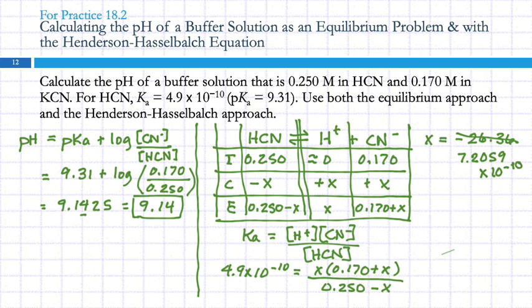So to find the pH then, we need the negative log of that. So the pH is 9.1423, 9.14. Same answer.